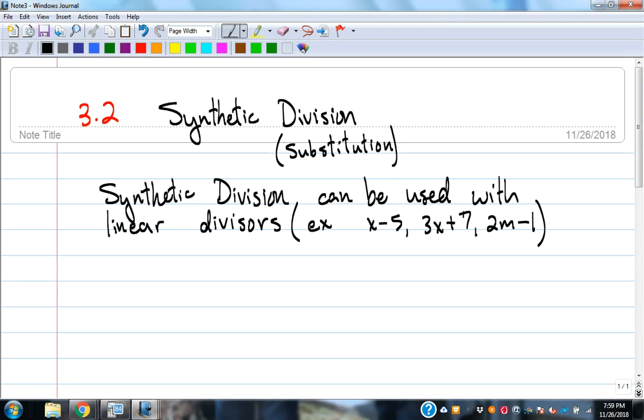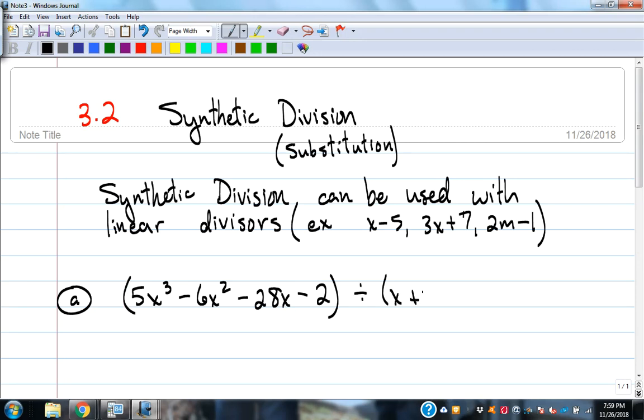Okay, so let's take our first example with this, and we're taking 5x to the third minus 6x squared minus 28x minus 2. And we're going to divide that by x plus 2. Okay.